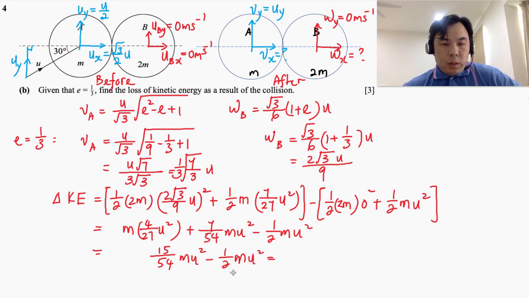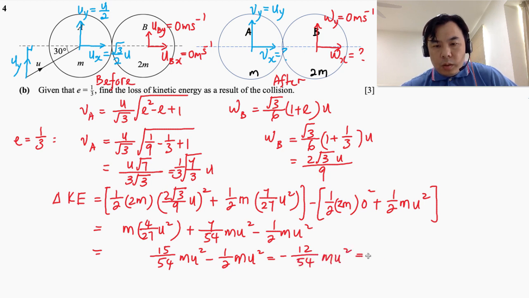And then here you will take 27 here. We will have negative 12 over 54 mu squared, or you can further simplify that as negative 4 over, let me see, is it 4?